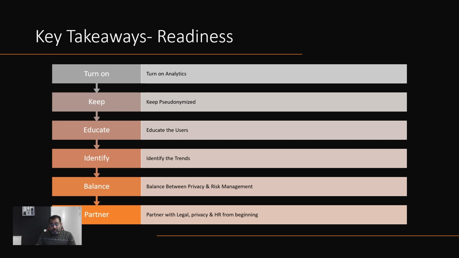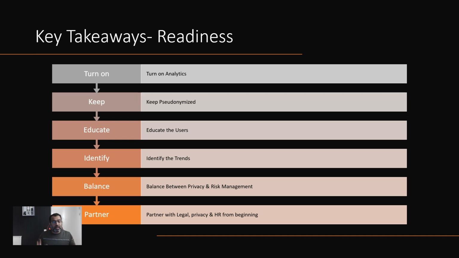And also, the last but not the least, collaborate from the beginning with your legal, privacy, and HR team, because whatever the initiative that you're doing, you need to align with your organization policies and also the regulations, because at the end you're touching the user sensitive data and the user information as well. So you need to have a proper balance. That's very important, because you are going to do risk management and also protect end user privacy.